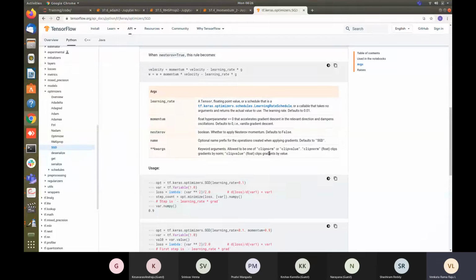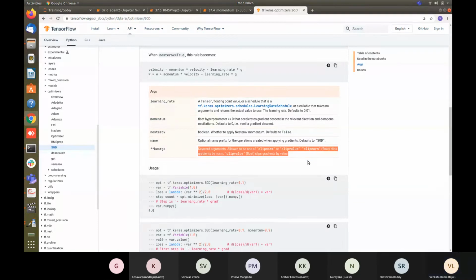Everything will come between -1 and +1 with the range -1 and +1. It takes minimum and maximum, subtracts the minimum, divided by maximum minus minimum of all the weights or gradients it found. Then everything will come between -1 and +1, right? That is clip value. Gradient clipping, we call this concept. We don't want to explode the gradients, so we clip them in a range.